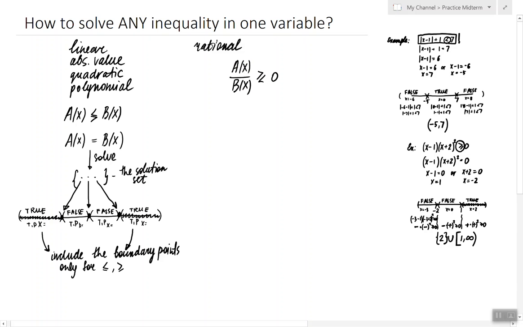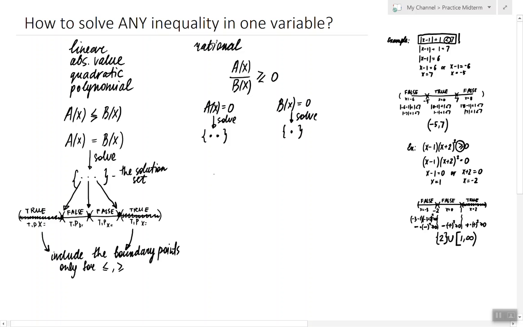So what we do next is we solve the equation made from setting the numerator equal to 0. That's going to produce a solution set. And at the same time, we solve an equation made from setting the denominator equal to 0. And that also may produce a solution set.